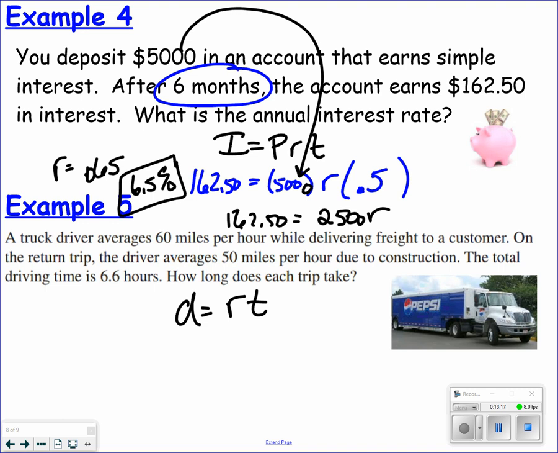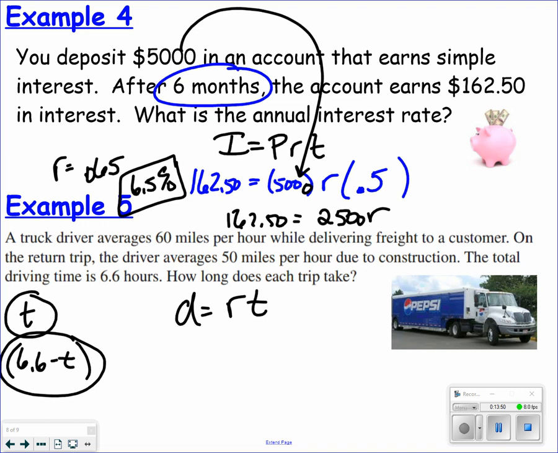So now, I know how fast, so I know the rate. I know the distance is the same, but I know total time, not necessarily the time for each one. So the amount of time going one direction is T, and then 6.6 minus T is the time going the other direction. Understand that if I say one direction was T, the other direction would have to be 6.6 minus T. We're going the same distance.